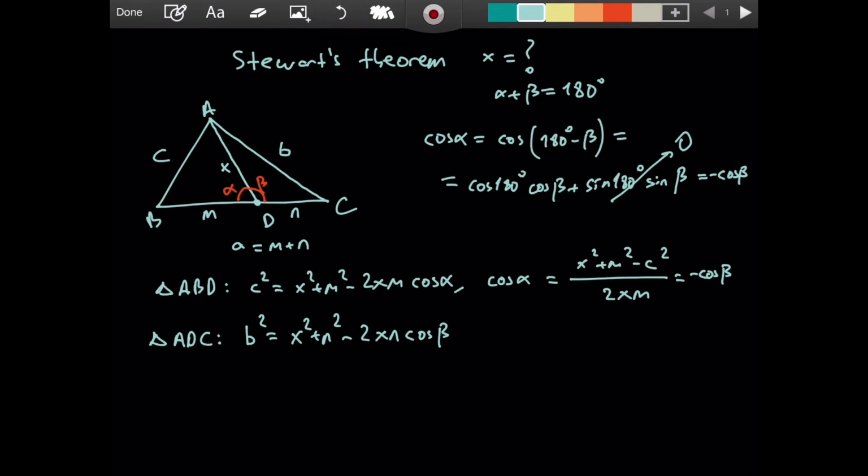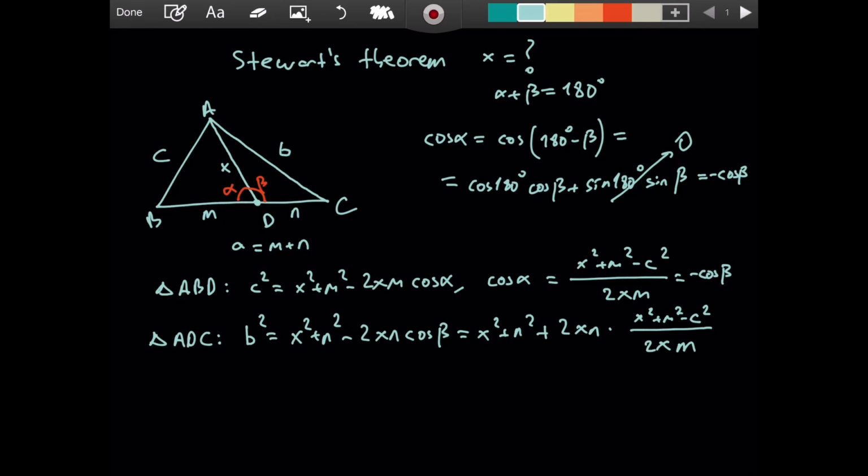So I could substitute for the cosine of beta that is here. Let's do that. We're going to have x squared plus n squared, and since we are substituting for negative cosine of beta, this negative is going to be a plus. So we still have 2xn times x squared plus m squared minus c squared all over 2xm.